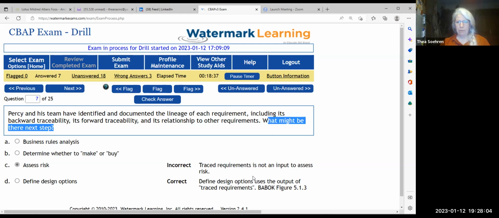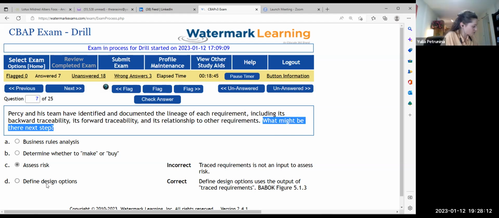The question is, what might be their next step after they've got traceability? The inputs are requirements and designs. Designs may be traced to other requirements, solution components, and other work products. So they don't speak about define design options.